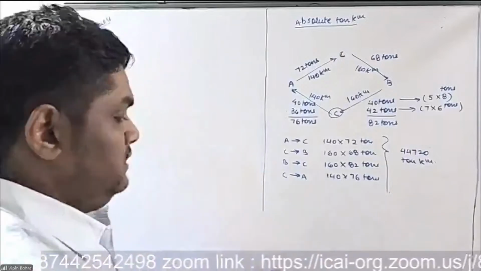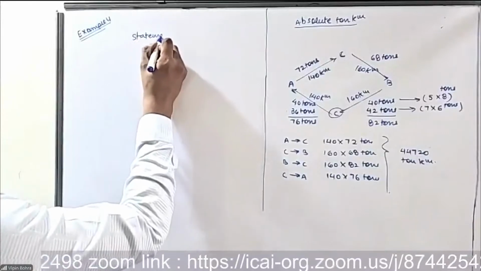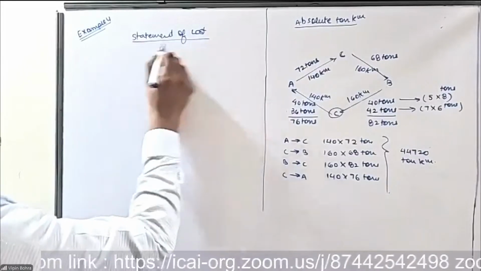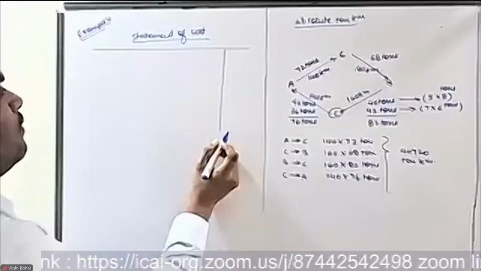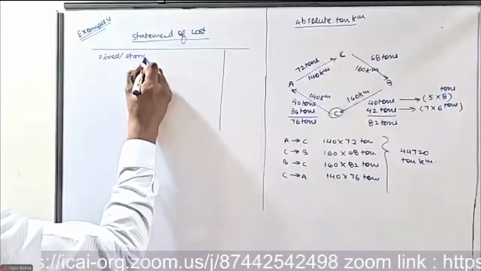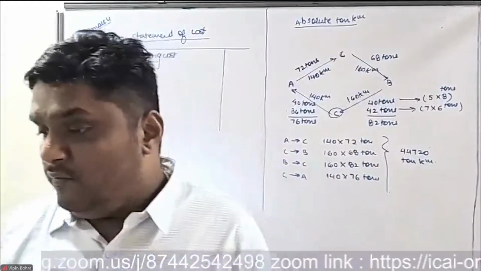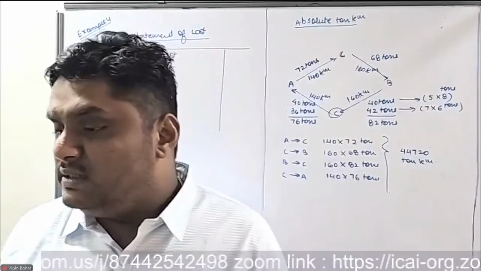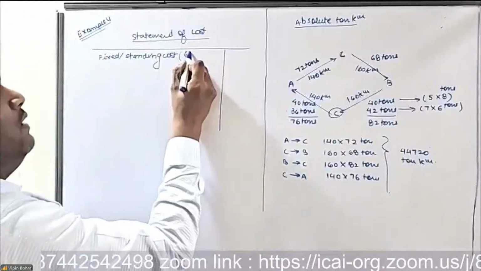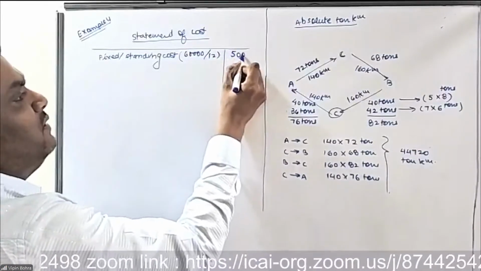Now we'll calculate the cost statement, we'll prepare the cost statement. Fixed or standing cost. Herein information is given that the annual fixed and maintenance charges are 60,000 and 12,000 respectively. So 60,000 is the annual. So 60,000 divided by 12, this will be 5,000.